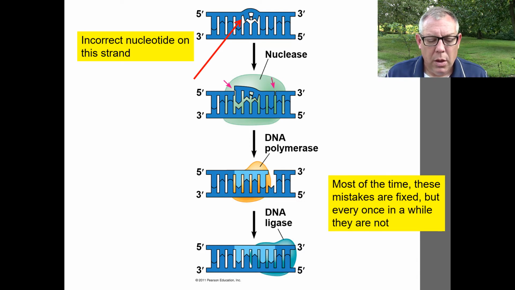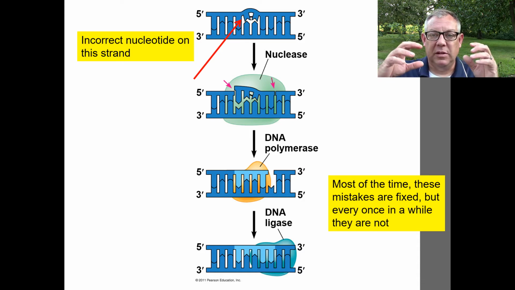And so here's just an example of what I'm talking about. So here we've got a strand of DNA. It's like a new strand of DNA, right? We're replicating DNA, and there's a mistake. There's an incorrect nucleotide. So A is supposed to be with T, and C is supposed to be with G. But somewhere we got an A with a G, or an A with an A, or a C with a T, or something that's not supposed to happen.